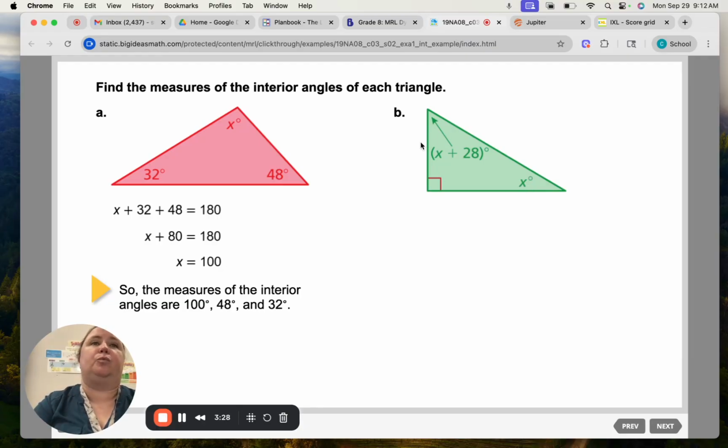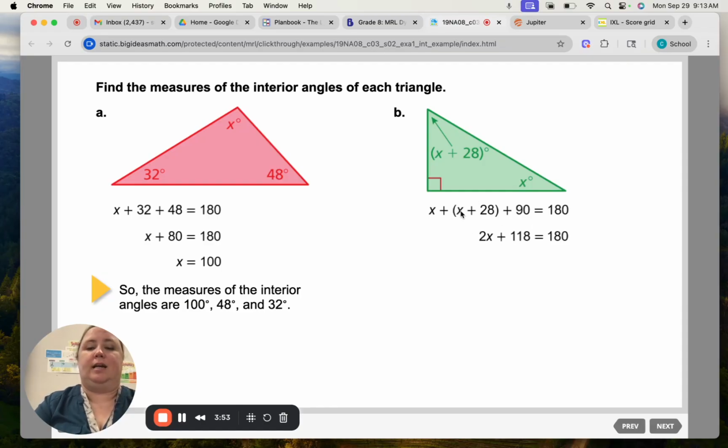Add all those up, what's our total measurement? 180. So we can set x plus 28 plus 90 equal to 180. Now we can simplify for x. When you have x plus 28 in parentheses like this, you can just drop the parentheses. There's nothing extra special here.